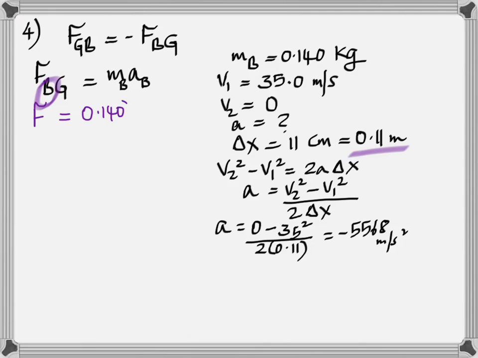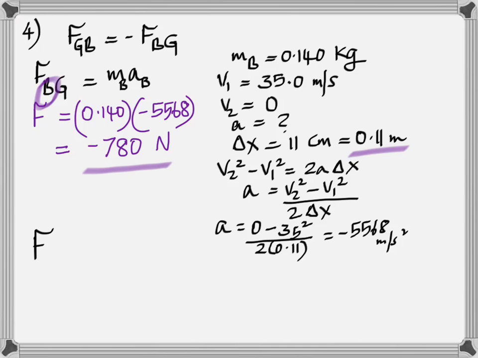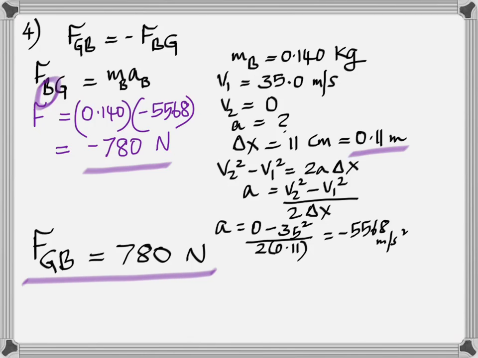And then multiply that with the mass of the ball to find the force. The negative force shows that it's an opposing force. Now that is the force on the ball. Therefore the force on the glove by the ball is the opposite of that, which is 780 newtons.